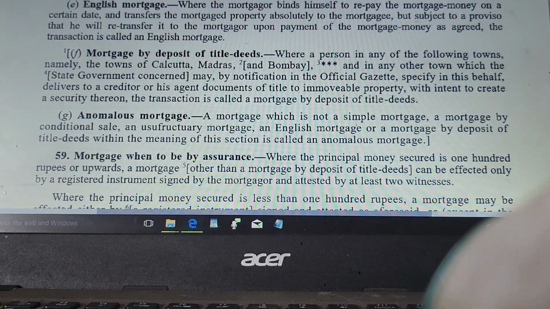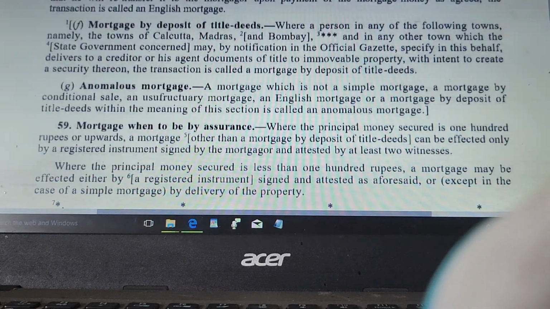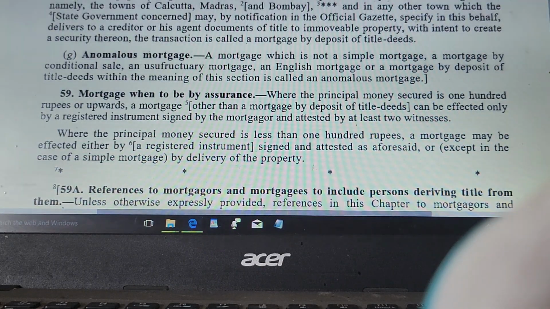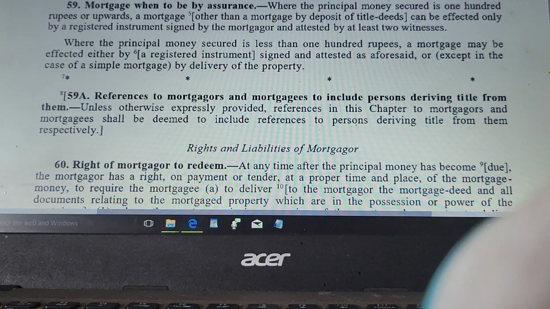59. Mortgage when to be by assurance. Where the principal money secured is one hundred rupees and upwards, a mortgage, other than a mortgage by deposit of title deeds, can be effected only by a registered instrument signed by the mortgagor and attested by at least two witnesses.